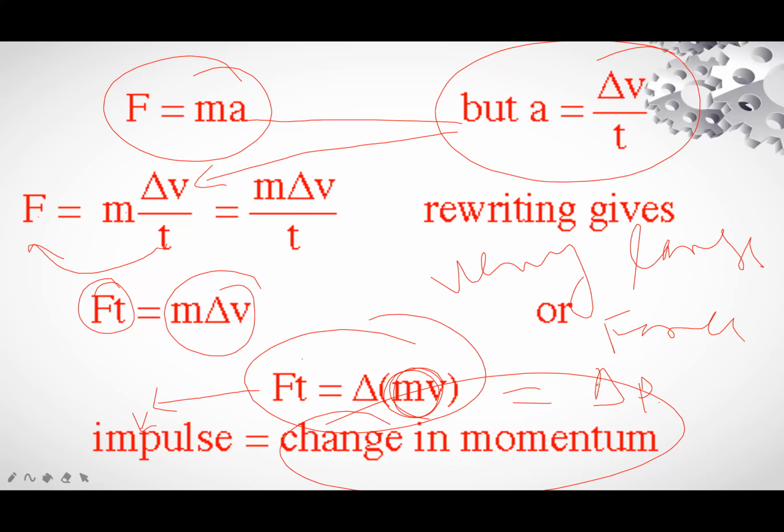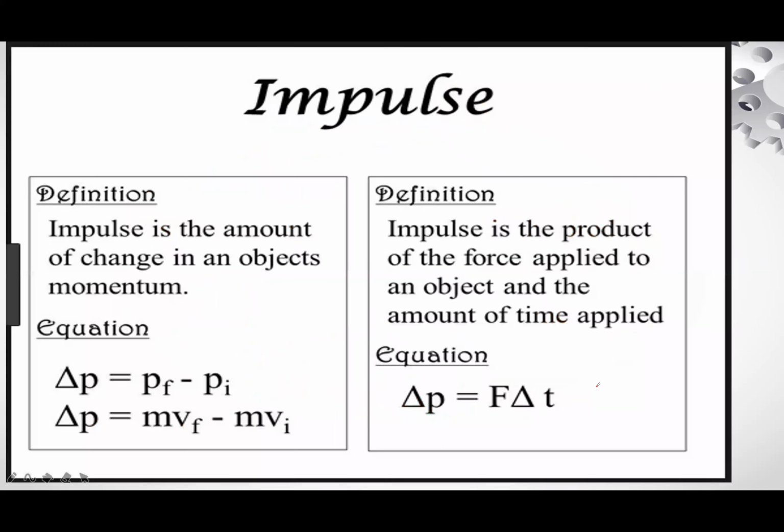If you push someone, if you kick a ball, if you hit the wall, hammering, these are called impulse. Impulse is the amount of change in an object's momentum. Change in momentum is called impulse.